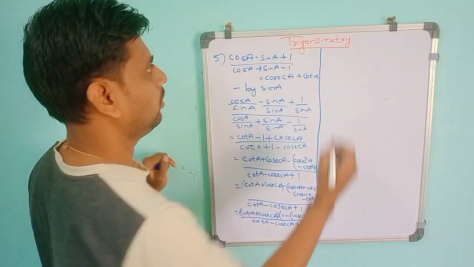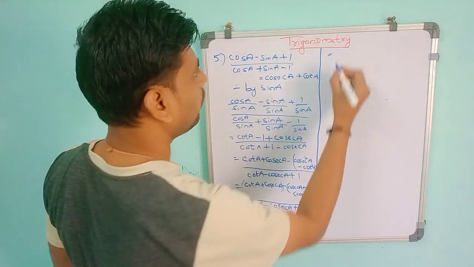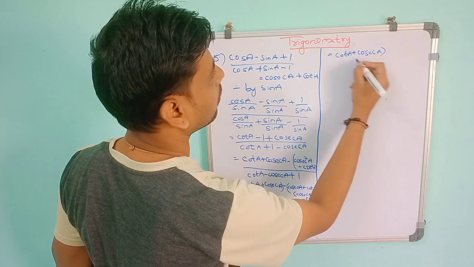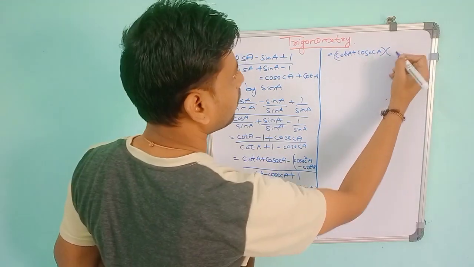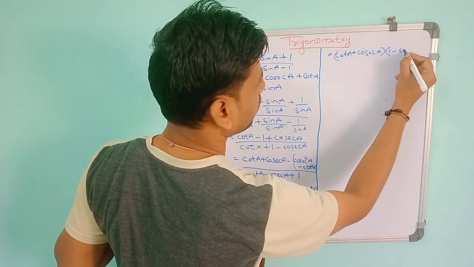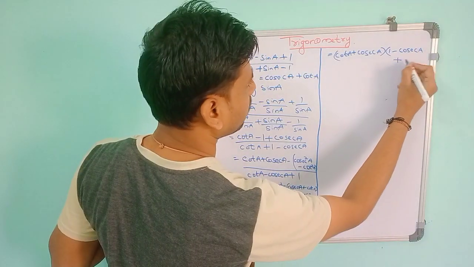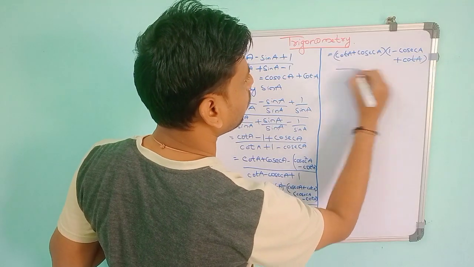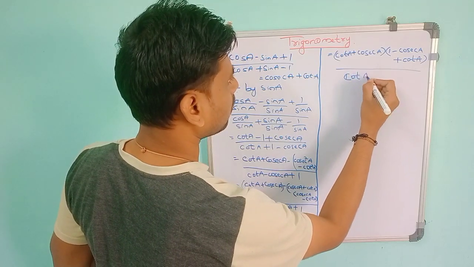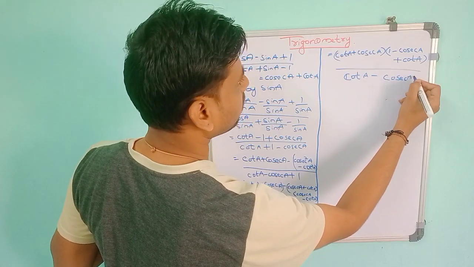So it is equal to cot A plus cosec A into (1 minus cosec A plus cot A), since minus into minus is plus, whole divided by cot A minus cosec A plus 1.